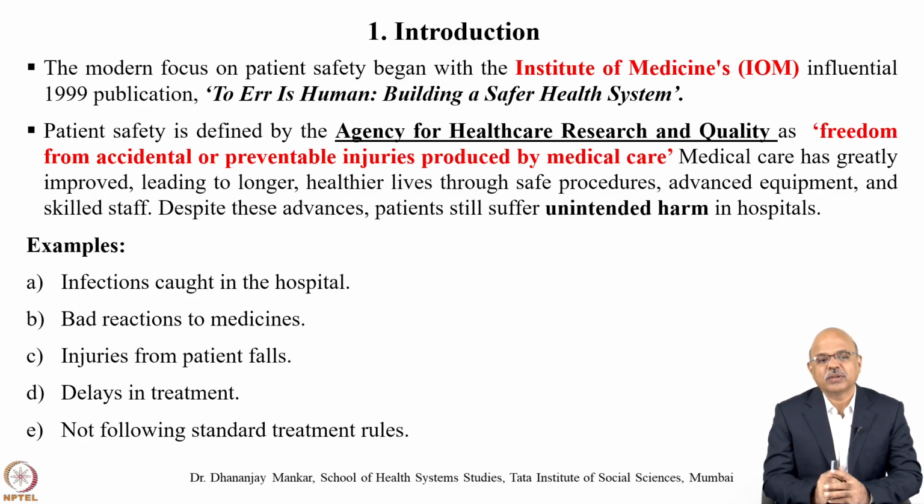Examples of patient safety issues can be infections caught in the hospital, hospital-acquired infection by superbugs and other species, bad reactions to medicines which might be due to different causes, injuries from patient falls, an entire patient safety issue, delays in treatment, which are more because of process delays, and protocols and practices of the hospitals, not following standard treatment rules, which is very important with respect to the culture of the hospital.